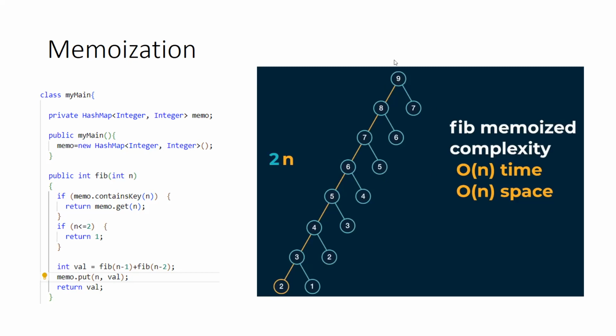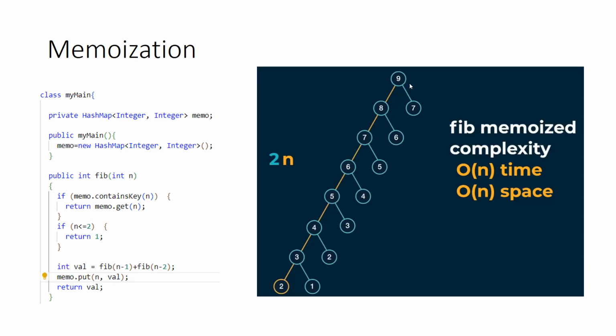So in this tree, where every parent has, let's say, 2 children, let's start with time. The time complexity will be 2n in this case, since we have n depth levels, and for every level, I have 2 children.